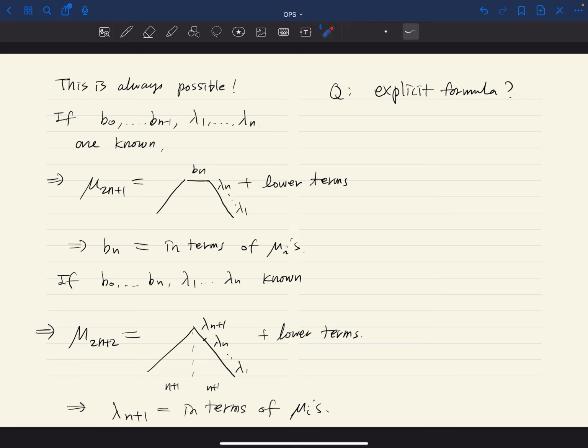We will study some very interesting theory in what's called non-intersecting lattice paths. And the answer is again yes, but we need to build some theory.